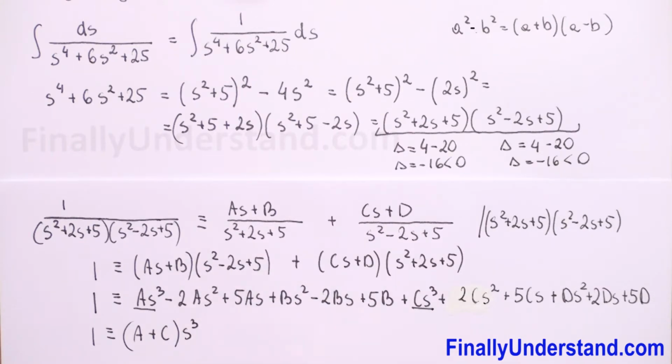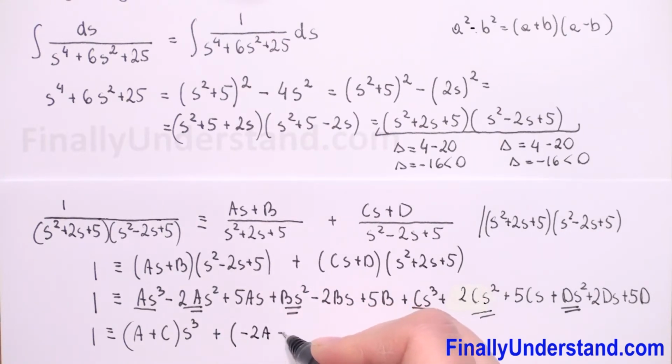And next, s squared will be, in parentheses I will put negative 2a plus b plus 2c plus d, times s squared.